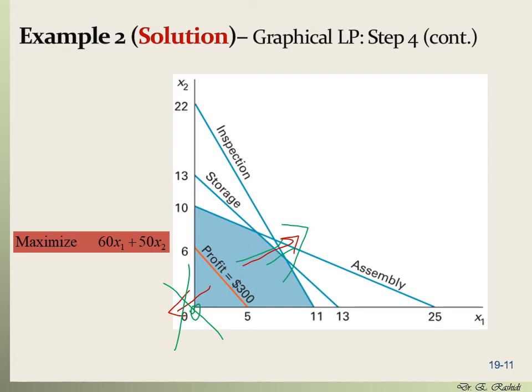We're going to move it to the right until it touches, or kisses, the feasible space right before it gets out of it. That intersection is going to be our optimal solution.